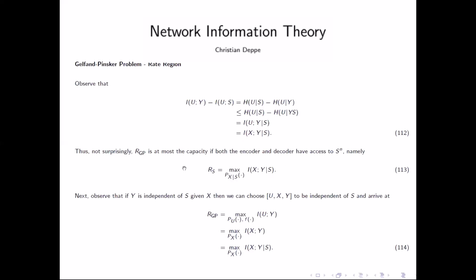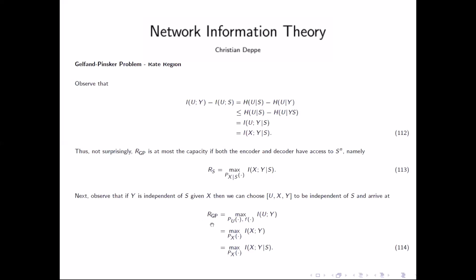Now we consider the next case. Now we consider the case that Y is independent of S, given X. Then we can choose U, X, Y to be independent of S and arrive at this formula here.